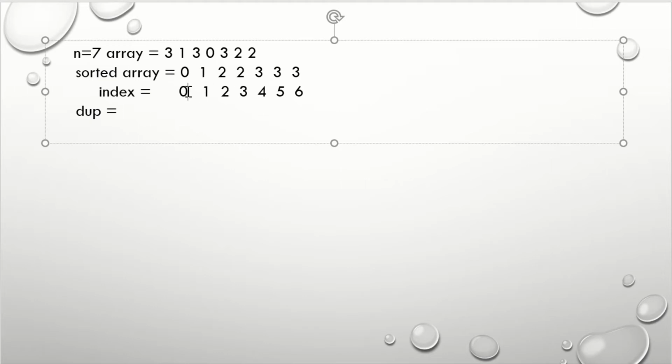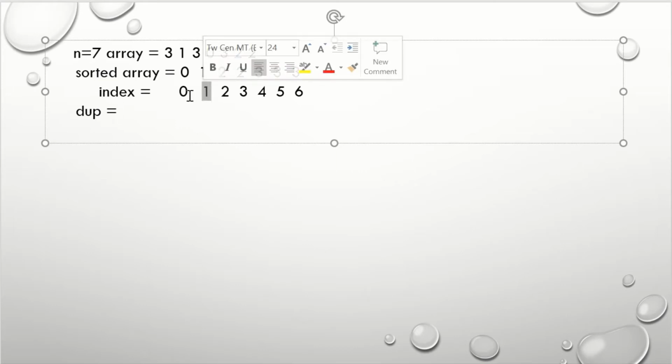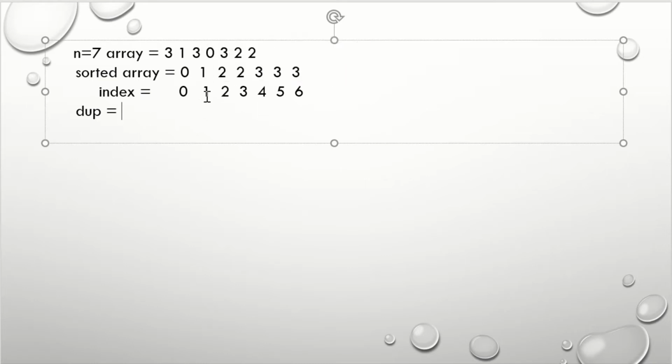If in some case there is a difference between the index and the value, we will check with the previous value and store it into the duplicate array.